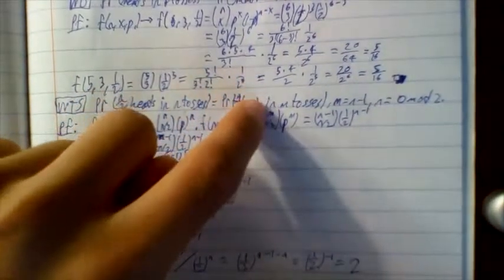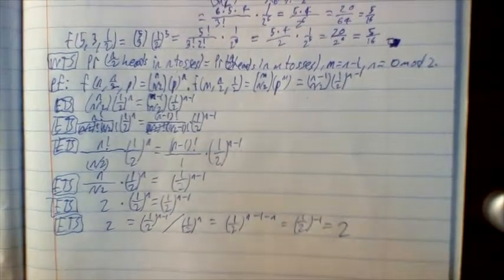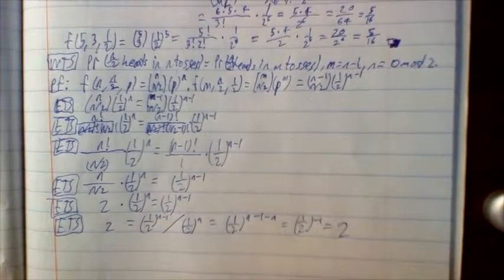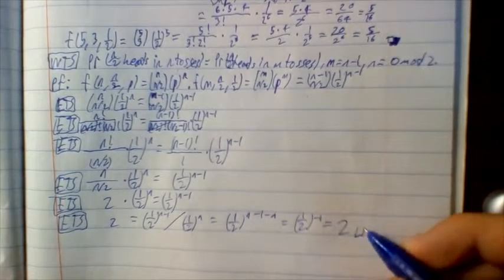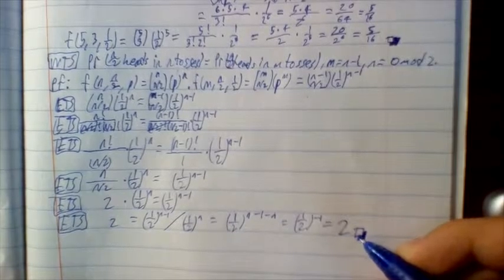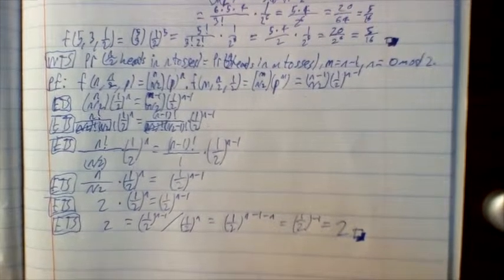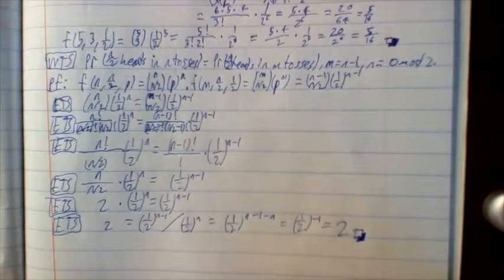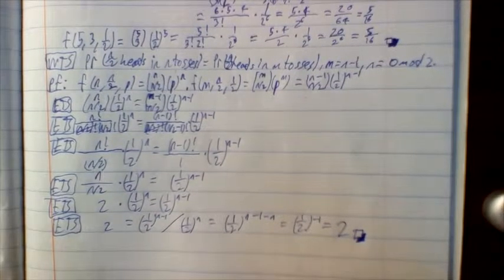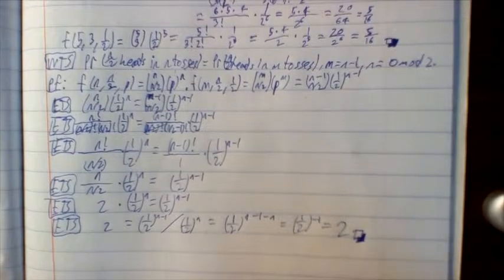And since 2 is always going to be equal to 2, we've just proven the generalized formula for the trick, that the probability of n on 2 heads in n tosses is equal to the probability of n on 2 heads in m tosses for all m equal to n minus 1 and n being an even number.